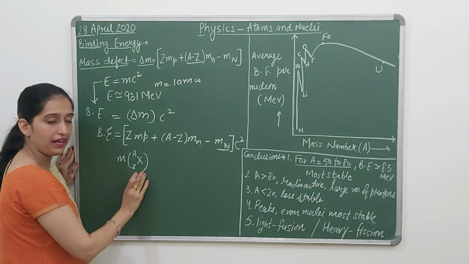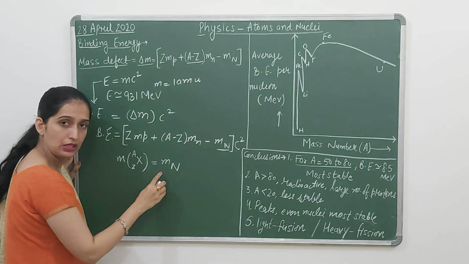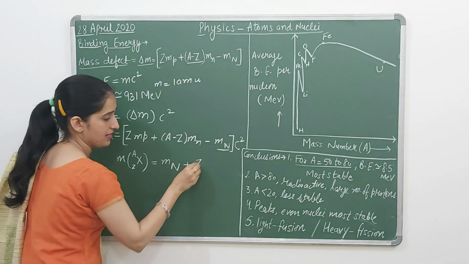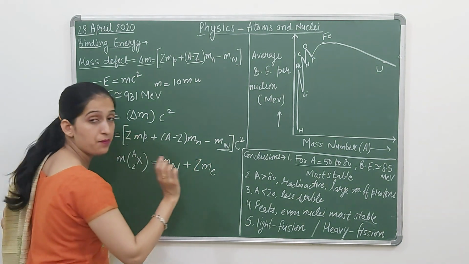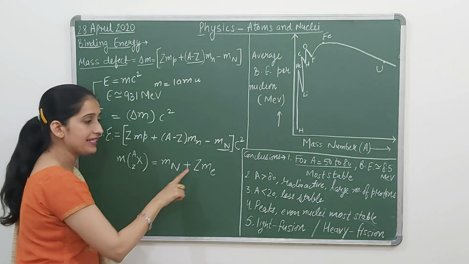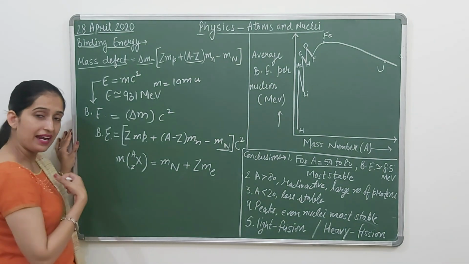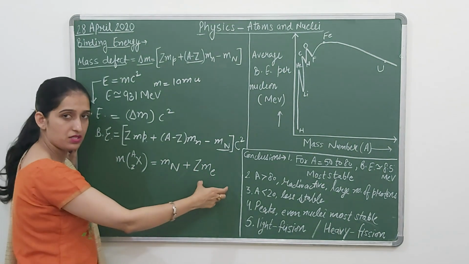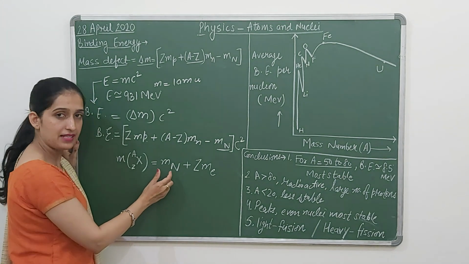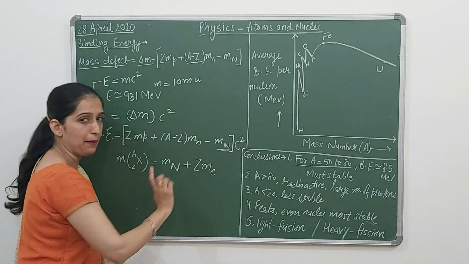So mass of atom is given by mass of nucleus plus Z into Me, where Me is the mass of one electron and Z is the number of electrons. For an atom, we have nucleus and electrons. Mass of nucleus is Mn and mass of electrons is Z into Me.